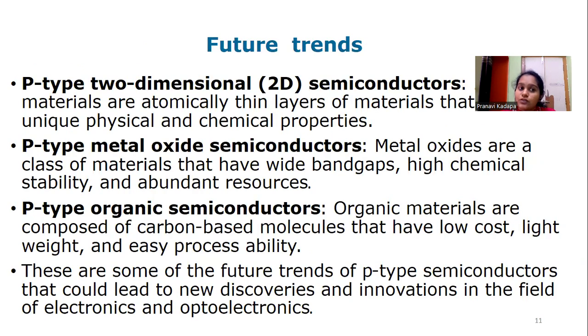So, what are the future trends of P-type semiconductors? As you know, day by day the world goes on, and new things come to the world as we develop and enhance them. These are a few future trends of P-type semiconductors: P-type two-dimensional semiconductors, P-type metal oxide semiconductors, and P-type organic semiconductors.